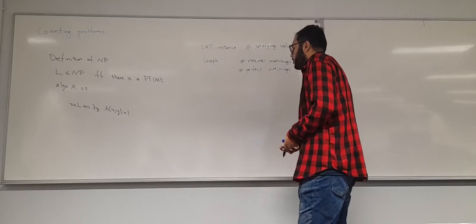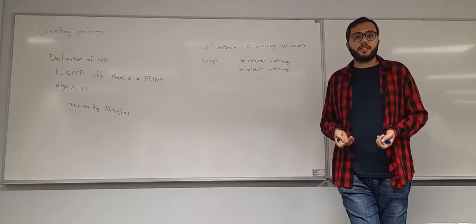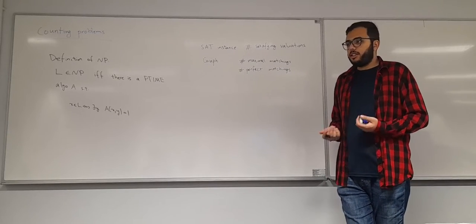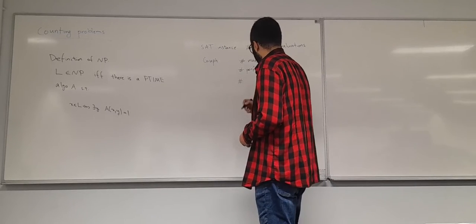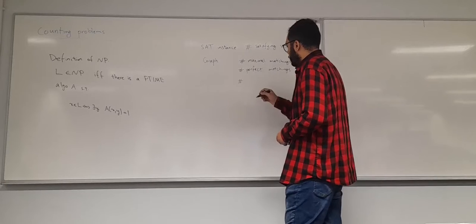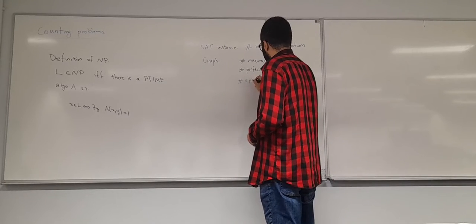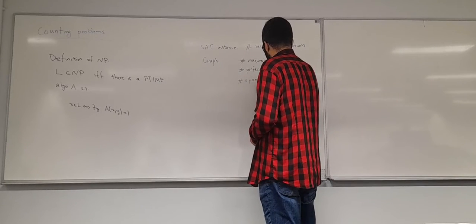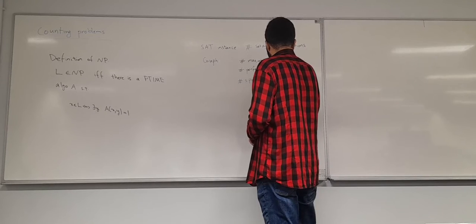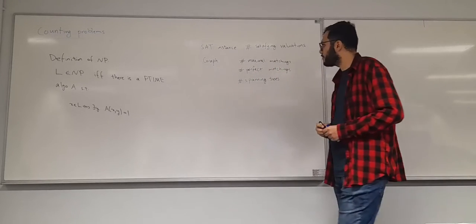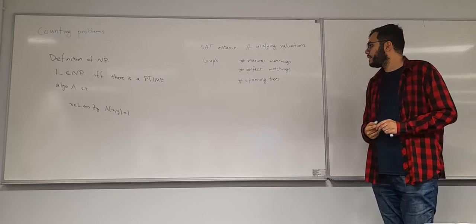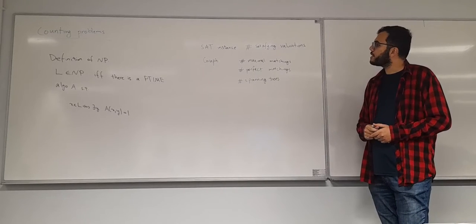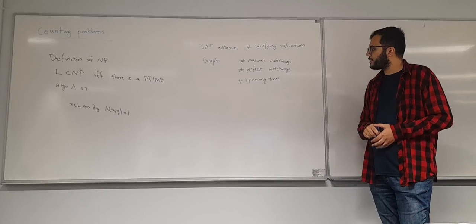Or maybe I ask you what is the number of maximal independent sets? Anything that exists in the graph. Another example that, if we have time, I will get to in the next session, is what is the number of spanning trees in this graph? So some of these problems are actually easy to solve and some are not.